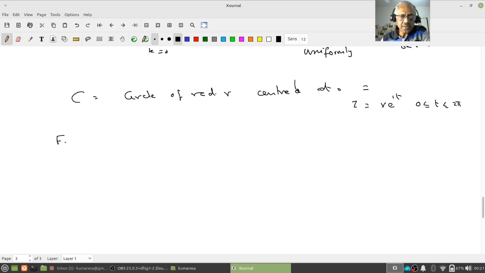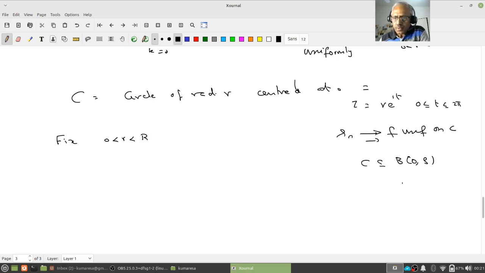So fix an r, 0 less than r less than R. Now notice that my Sn converges to f uniformly on C, because this C is contained in B(0, rho), where 0 less than rho less than capital R. Since it converges uniformly on this, it converges uniformly on its subset, and the circle is a subset. So this converges uniformly.